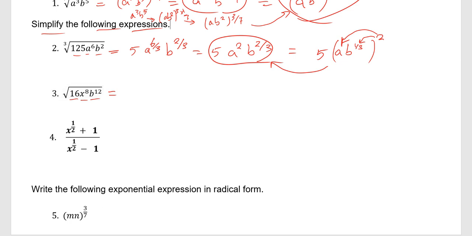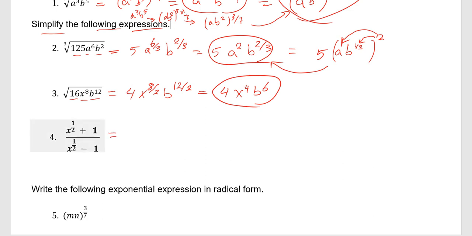So square root of 16 is 4, x to the 8 over 2, because it's x to the 8th to the 1/2 since we have a square root, and then b to the 12 over 2, which is equal to 4, 8 over 2 is 4, 12 over 2 is 6.